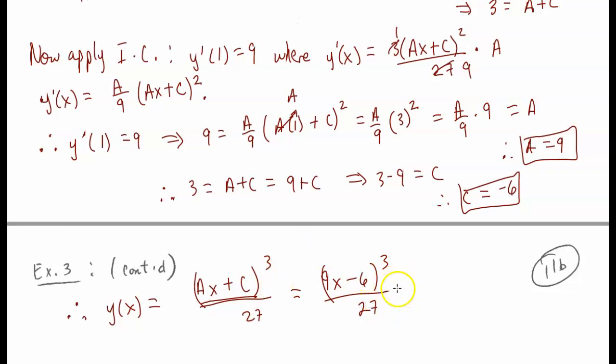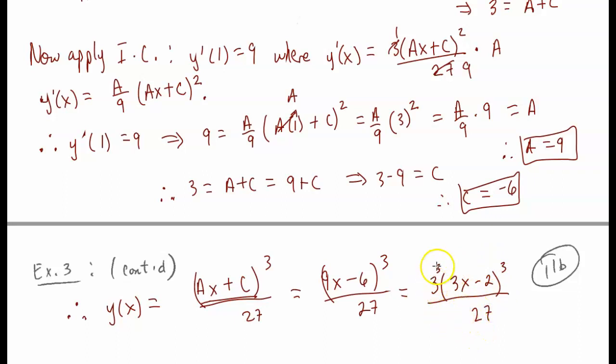We could keep going a little further here to really try to break this down some more. So here, if I factor out a common factor of 3, I'll have 3 times (3x minus 2), and all of that will be cubed. So we'll have a cube here and a cube there, all over 27.